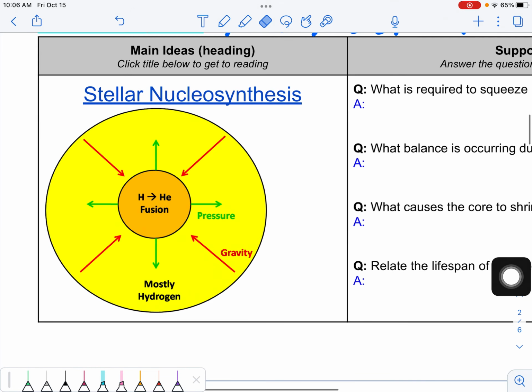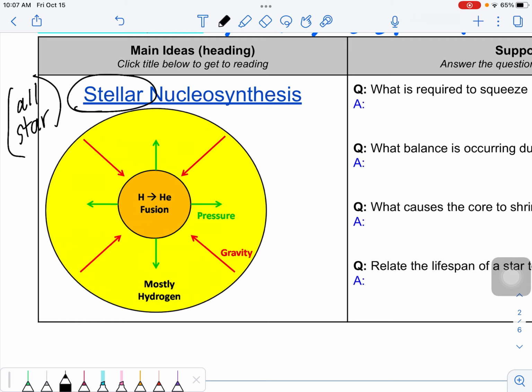So here we are, stellar nucleosynthesis. Stellar simply means star. So this is fusion or nucleosynthesis that happens to every single star. Okay, all stars are going through this stellar nucleosynthesis, and currently our sun is in this basic stage.